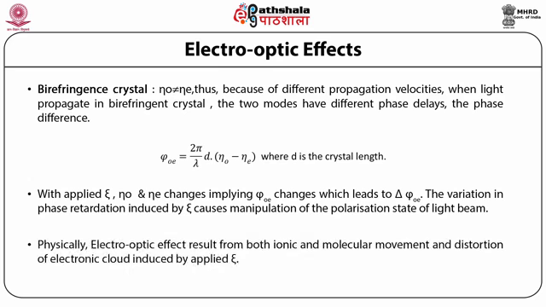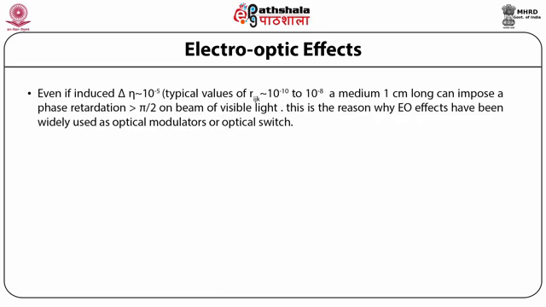Physically, the electro-optic effect results from both ionic and molecular movement and distortion of the electronic cloud induced by applied zeta. Even if induced, delta eta is proportional to 10 to the power minus 5.